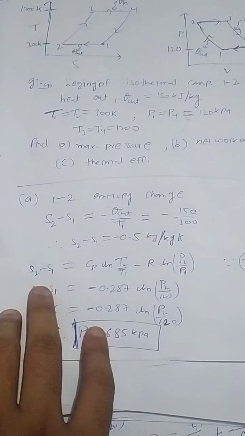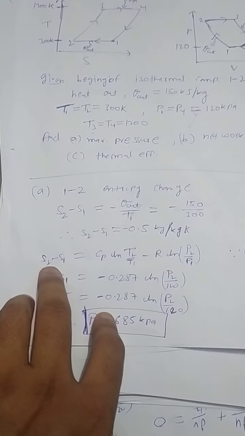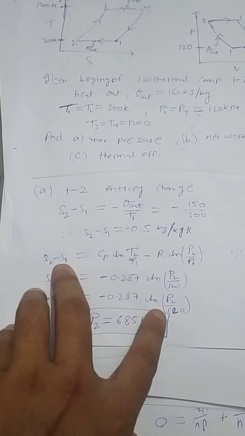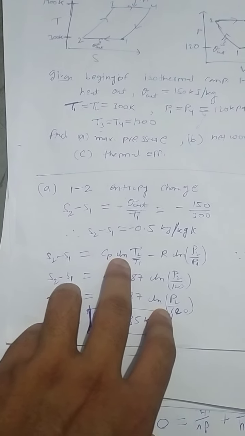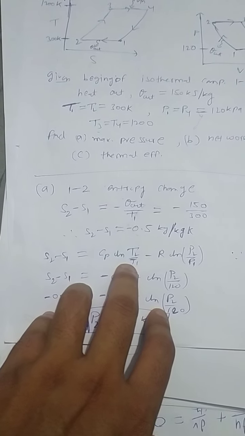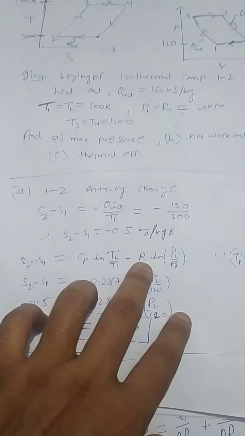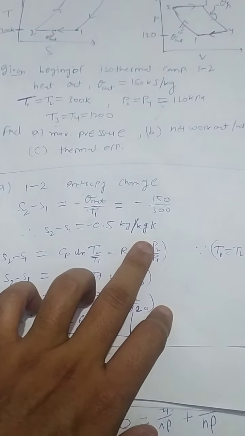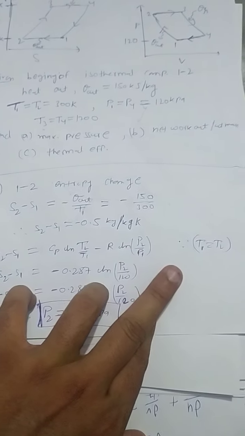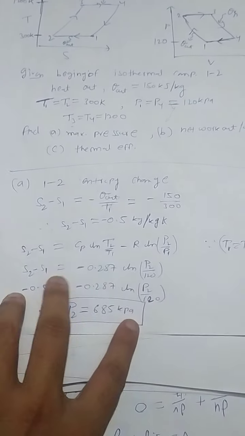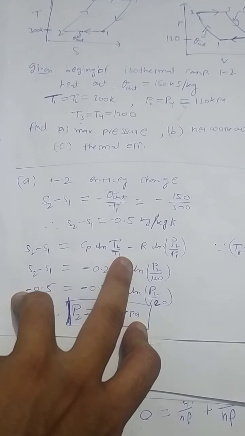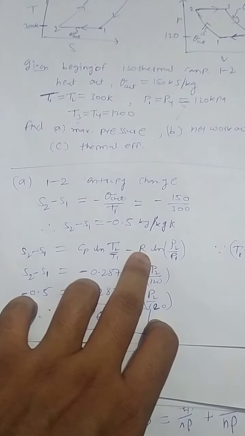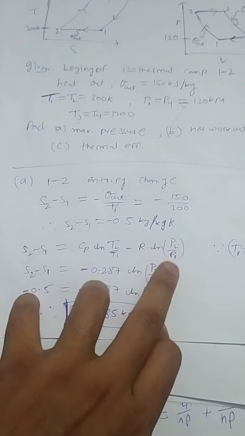Now we all know the equation for entropy change is also this: specific heat of air times ln T2 over T1 minus the gas constant times ln of the pressure ratio P2 over P1. Since T1 is equal to T2, this term would be 0, and the only term that remains is minus R ln P2 over P1.